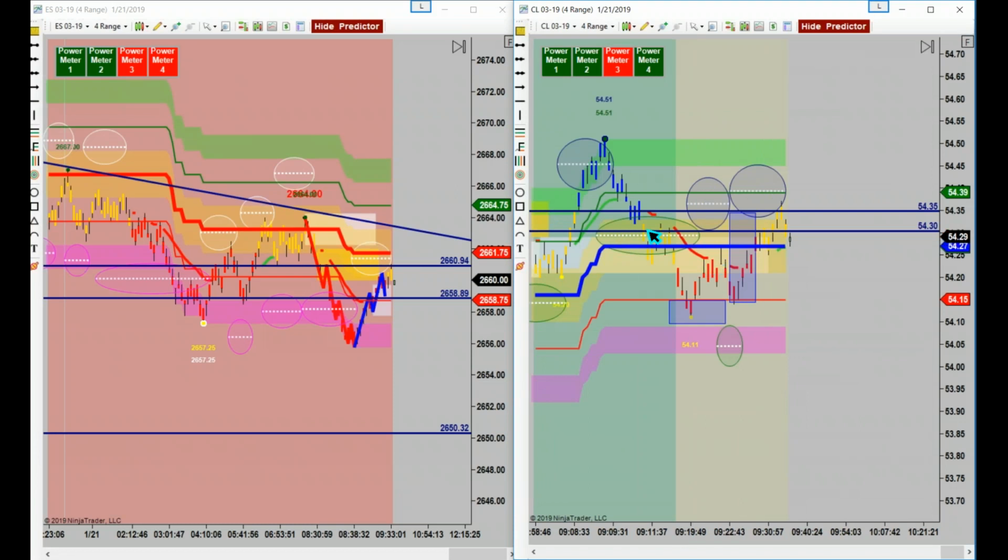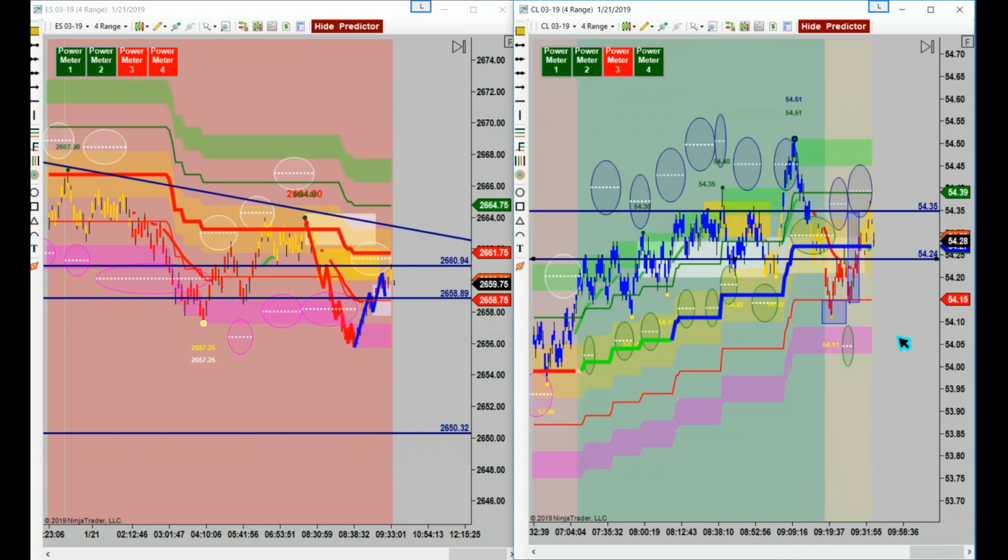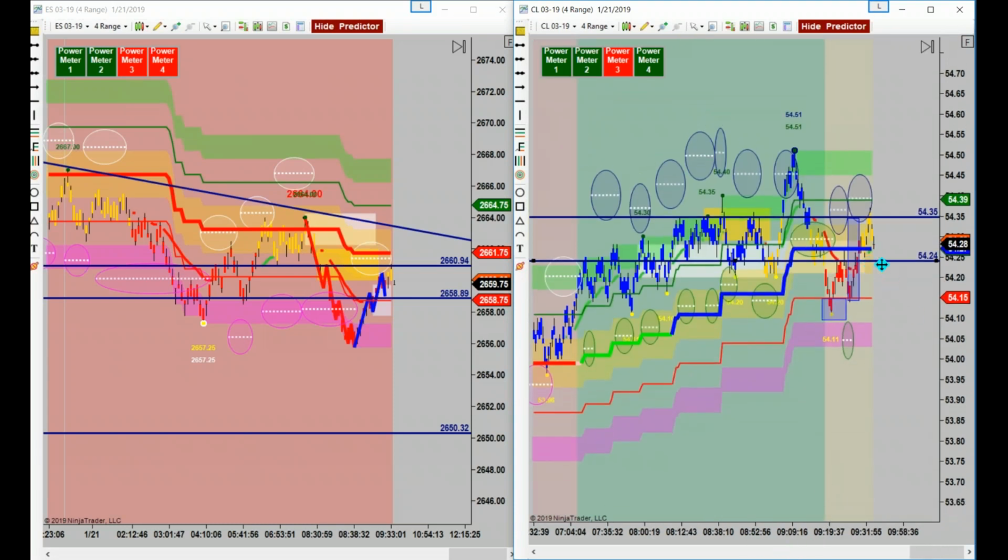This little swing right here. So they just missed it by a tick or so. So they may check that. We'll see. You put it just a couple of ticks underneath that wicked candle there.